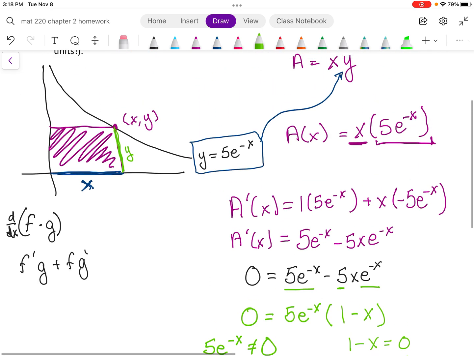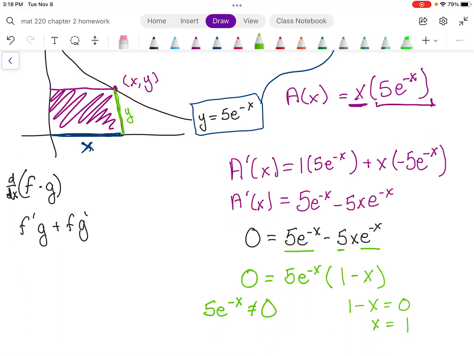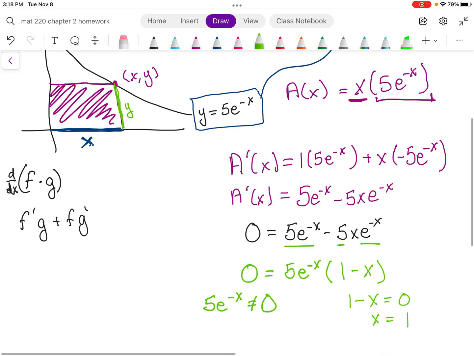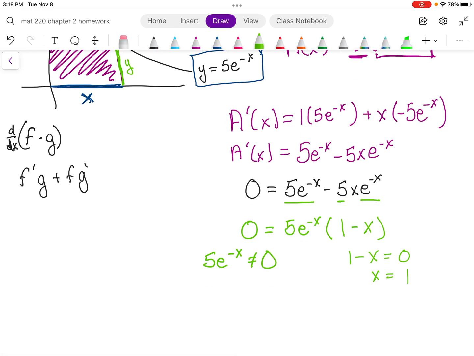To figure out my dimensions, let's change colors here. So we want to find our dimensions.